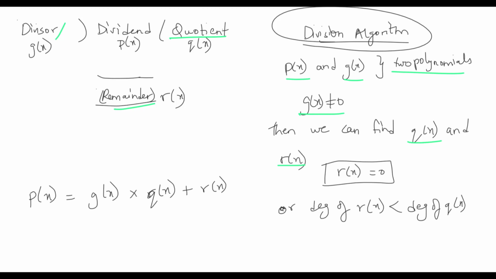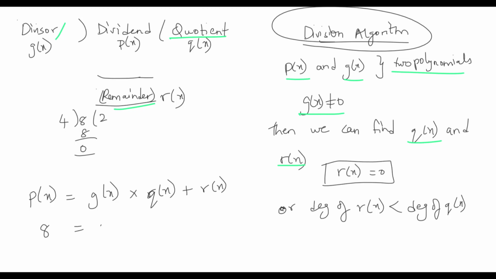For example, to understand this, let us divide 8 by 4. It's not a polynomial. Just to understand, I am taking an example of a number. 4 2s are 8. As I have told, p of x is the dividend. Here the dividend is 8, isn't it?